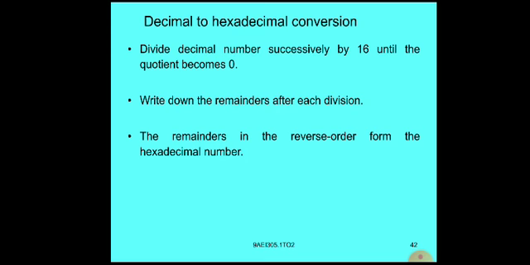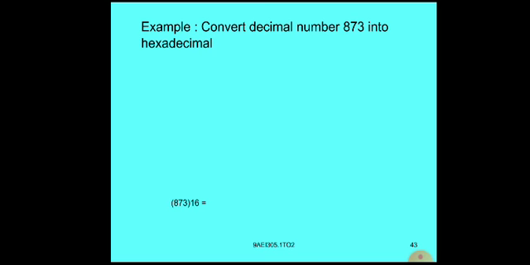And finally we have discussed hexadecimal to binary and binary to hexadecimal. One important thing I would like to tell you is that the hexadecimal number system is widely used in microcontroller and microprocessor systems because it is a compact representation of lengthy binary numbers.